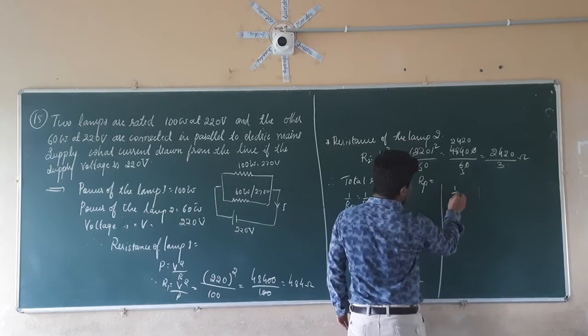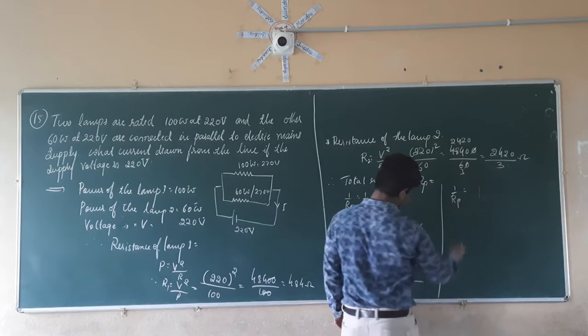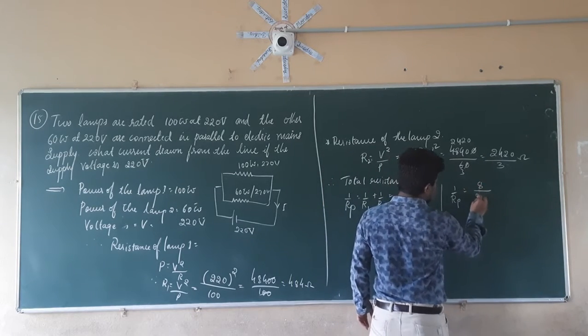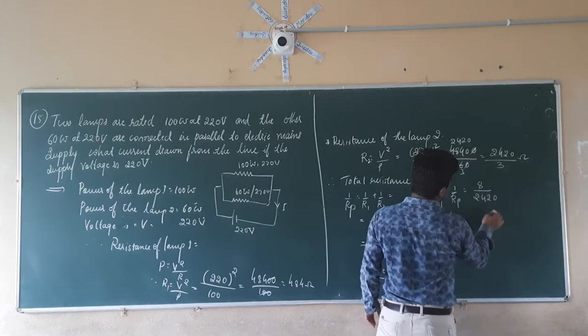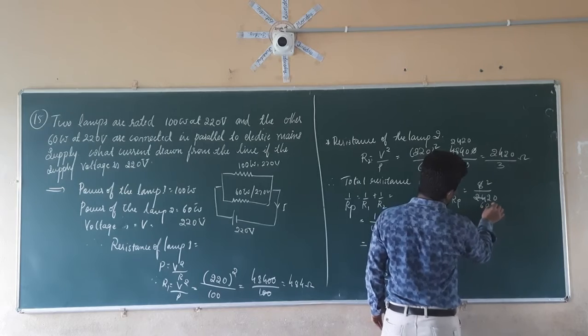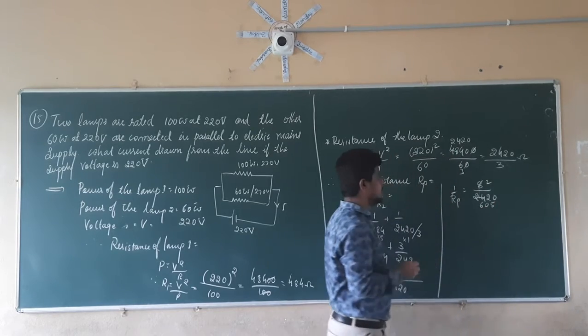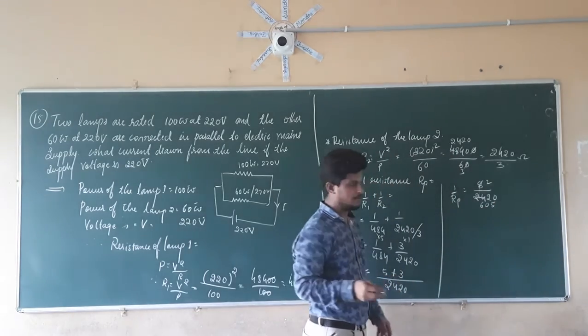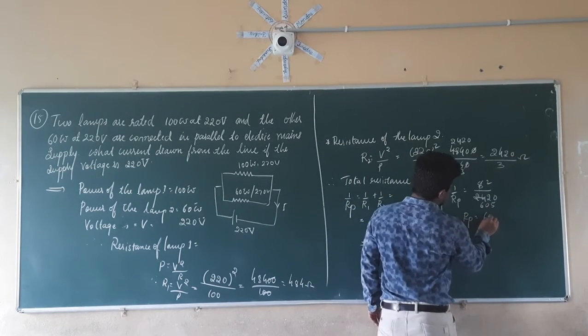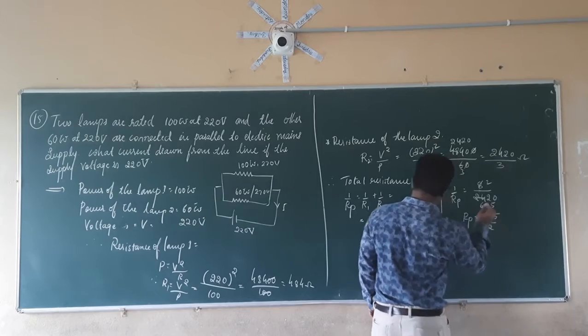So 1 by RP is equal to 5 plus 3, which is 8 divided by 2420. That gives the value of 2 divided by 605. Therefore RP is equal to 605 divided by 2.